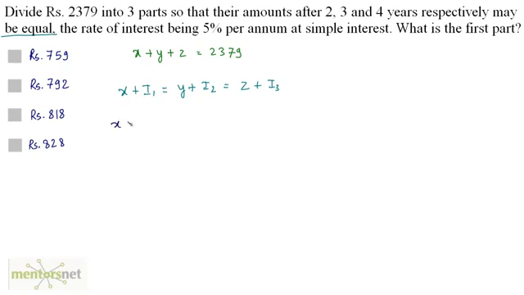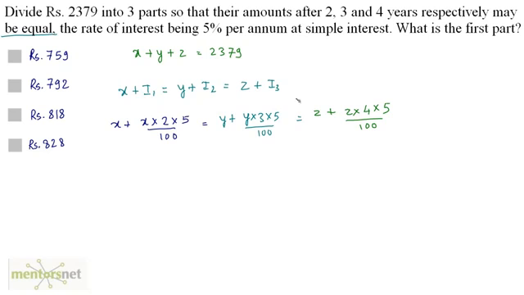So I have x plus principal is again x times x is invested for 2 years, so 2 into rate is 5%, so 5 upon 100 is equal to, we have y plus y times the number of years are 3 times 5 by 100 will be again equal to, we have z plus z times number of years are 4 times 5 by 100, right?